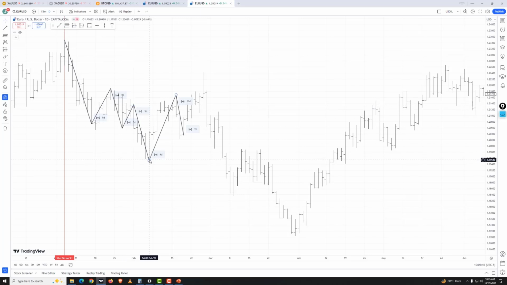From this top to this bottom, it's only 4 days. From this bottom to this top, it's 11 days. And from this top to this bottom is 2 days. Now let's keep a note of this sequence of days. Divide 7.